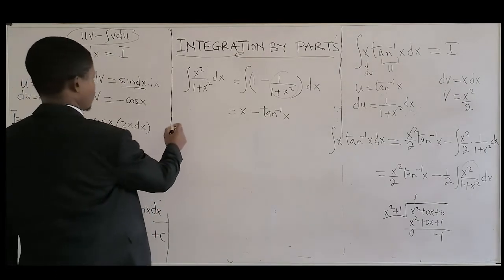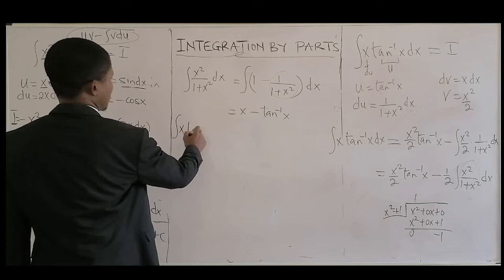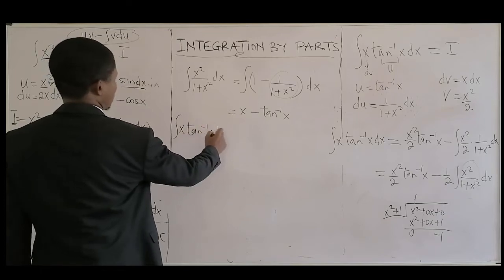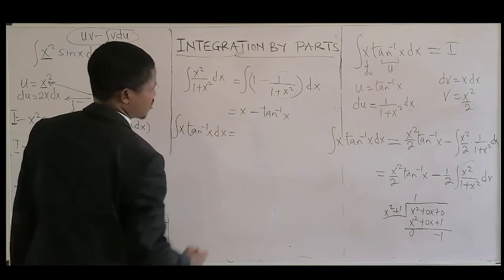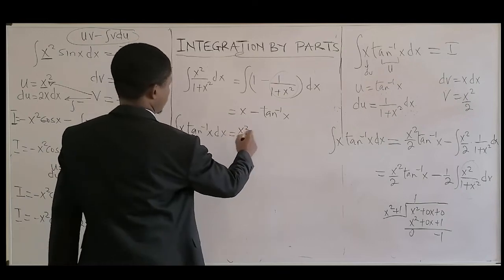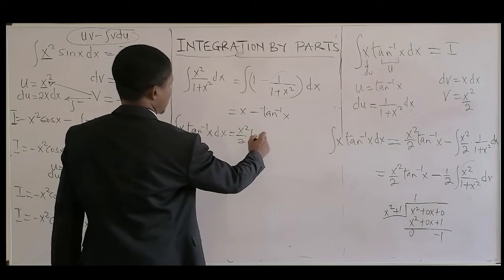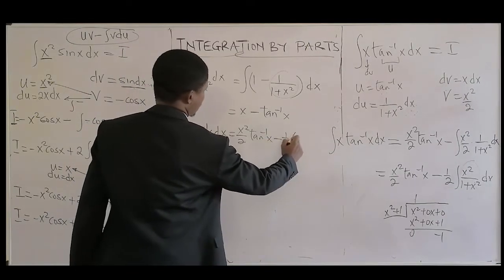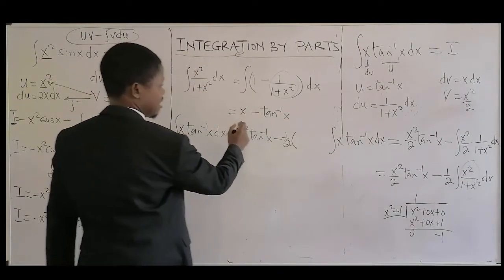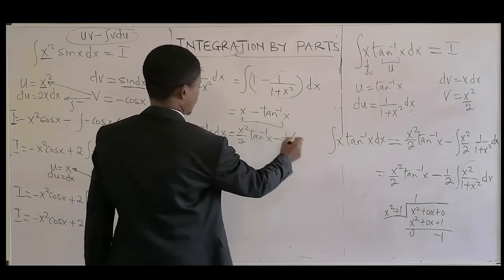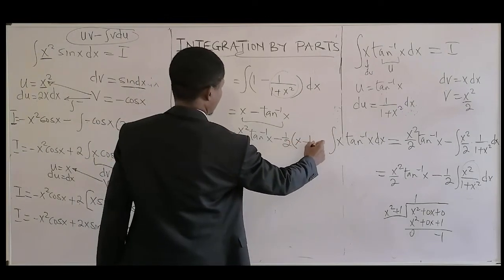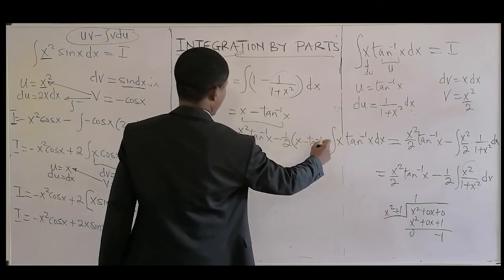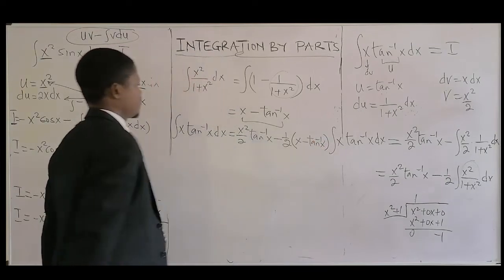We can now say our question: integral of x arctan x dx is equal to x^2 over 2 arctan x, then minus half into brackets x minus arctan x, close the bracket.